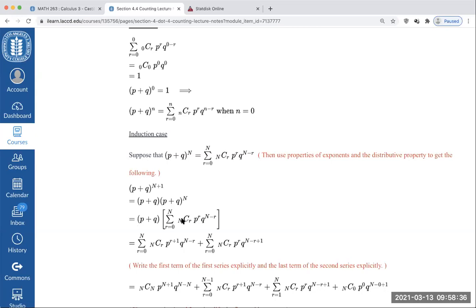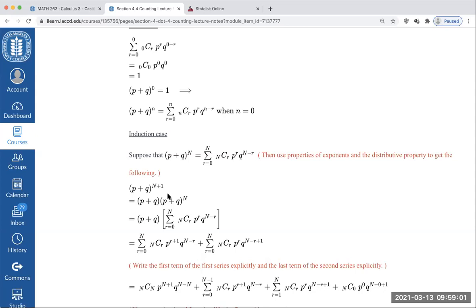Let's multiply p inside the parentheses. It's going to be the same, except I'm going to add 1 to the exponent of p. So this is equal to the sum, r equaling 0 to capital N, of nCr p to the r plus 1, because I multiply by one additional power of p, q to the power capital N minus r.